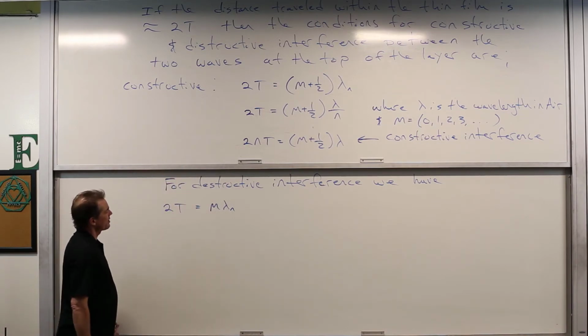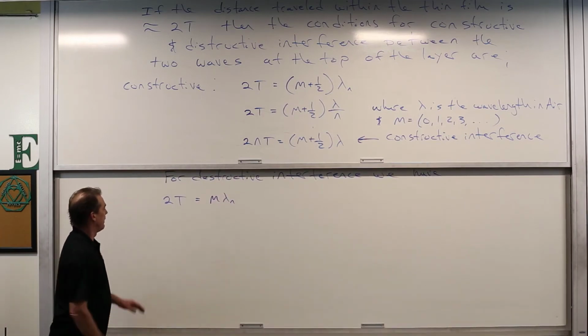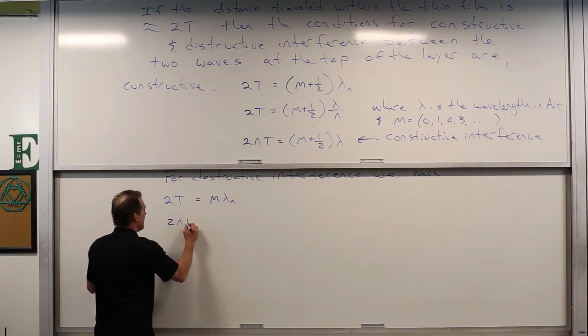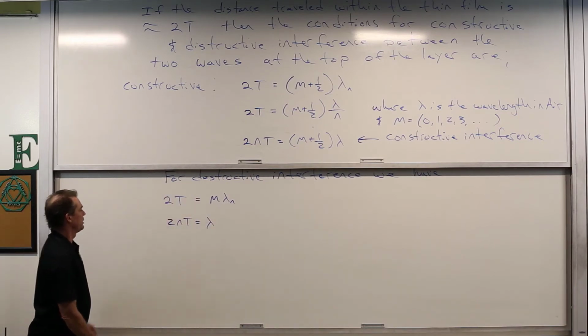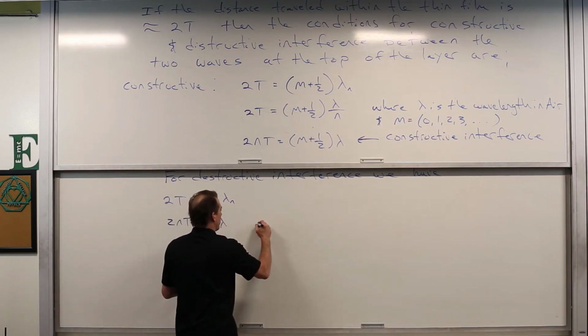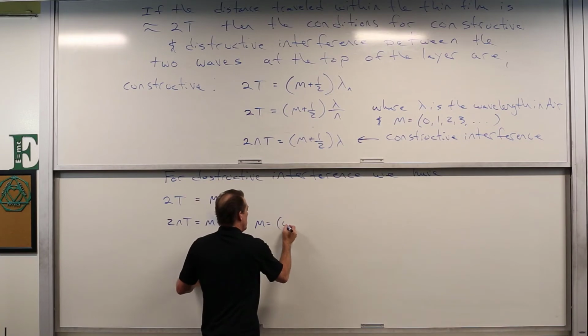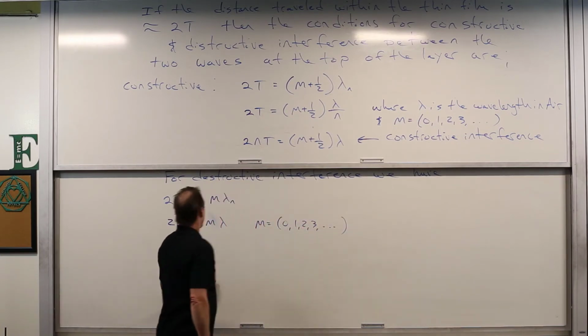So what do we get with this? Well, as we had before, lambda sub n is equal to lambda over n. We get 2nt is equal to m lambda. Again, m is equal to 0, 1, 2, 3, and so on, some integer.